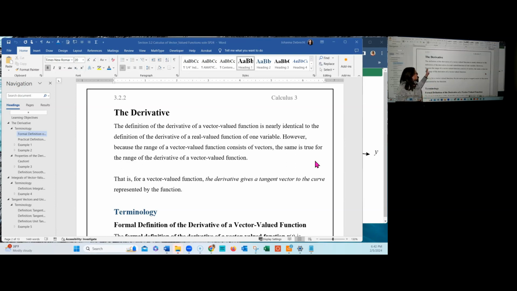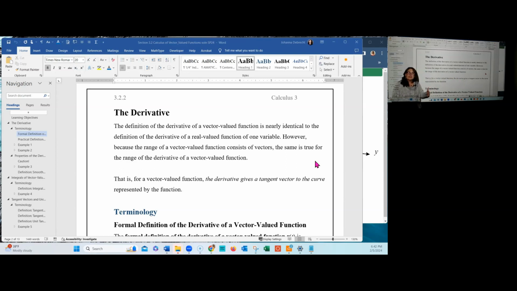So when you take the derivative of this vector-valued function, it makes sense that the derivative would also be a vector. For a vector-valued function, the derivative actually gives a tangent vector to the curve represented by the function at any given point.